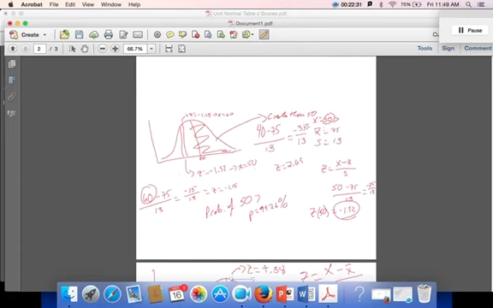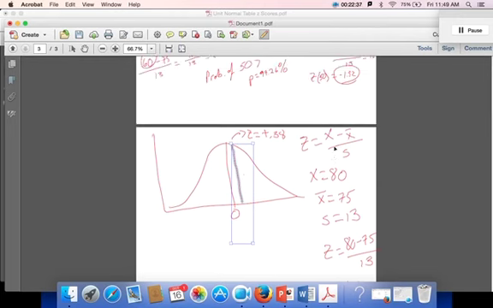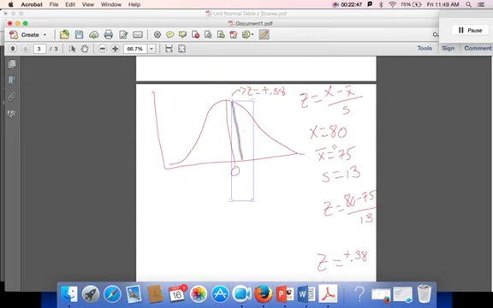So here I'm still using the exact same mean and standard deviation that we had in our previous example, just so that way you can see the probabilities going from a very low score to going higher, and now a high score going higher in our particular case. So we want to know what the probability of someone getting an 80 or greater is going to be. So again, I now know what my z-value is, so positive 0.38.